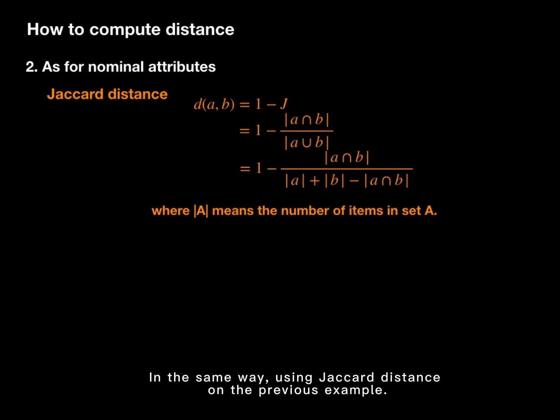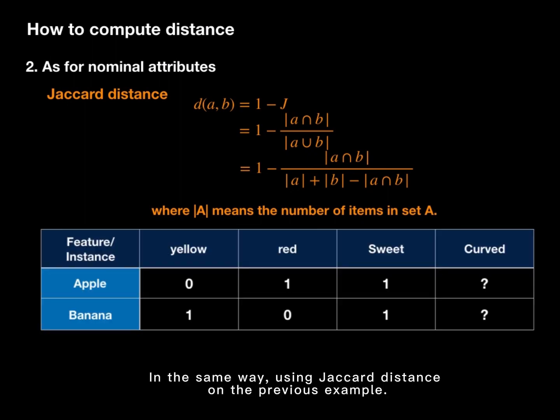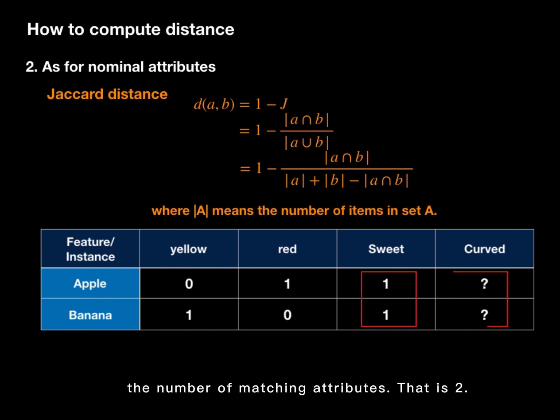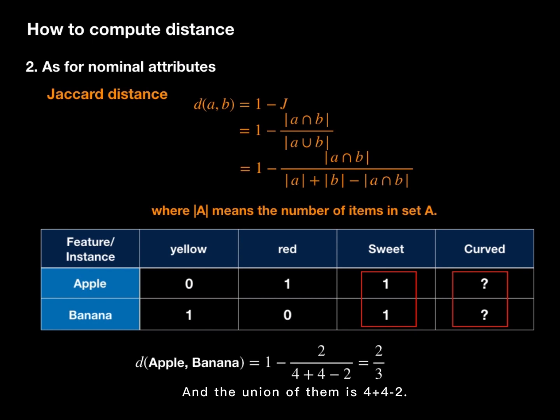In the same way, using Jaccard distance on the previous example, the size of the intersection of set apple and set banana is the number of matching attributes, that is 2. And the union of them is 4 plus 4 minus 2.